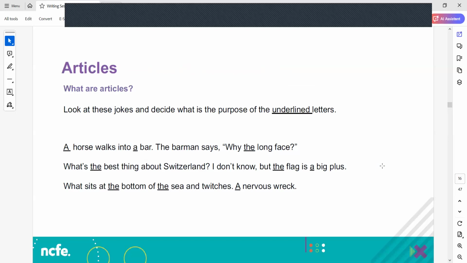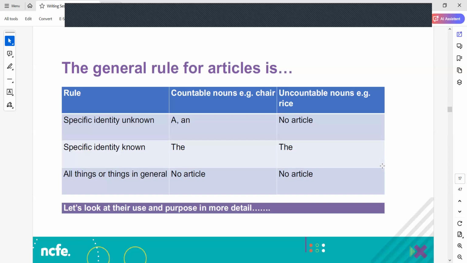Articles introduce the noun. Okay, so we can use a or the, and we're going to look at when we would use each of those. So we've got general rules that apply.